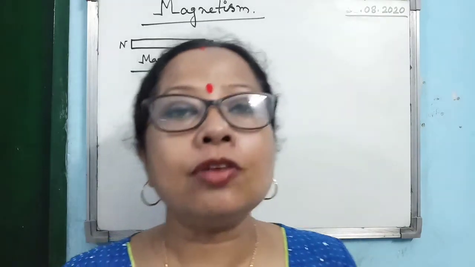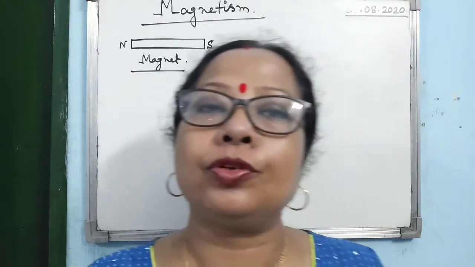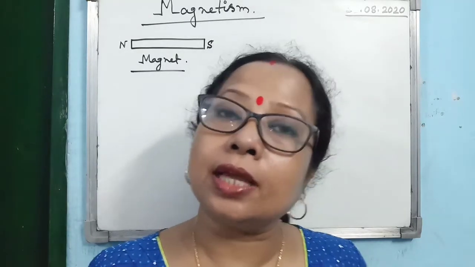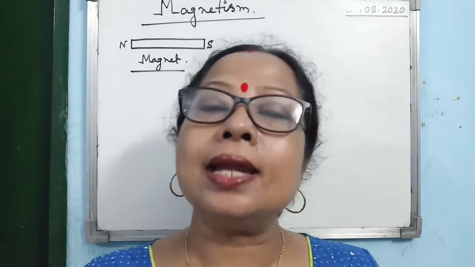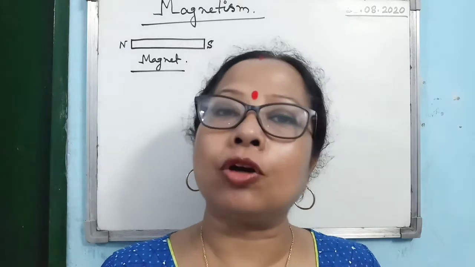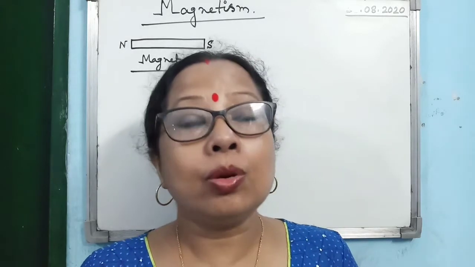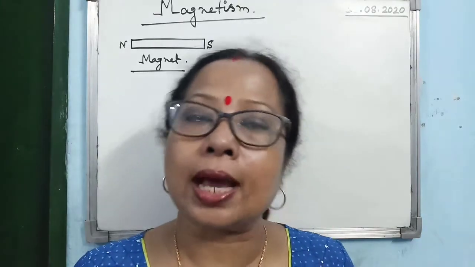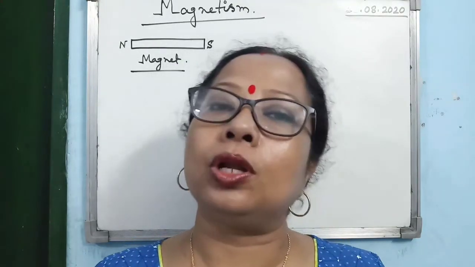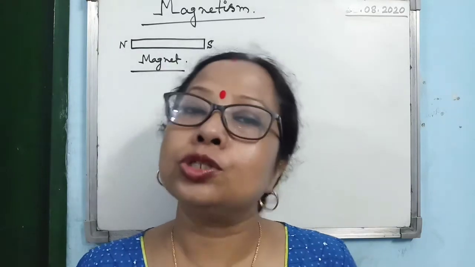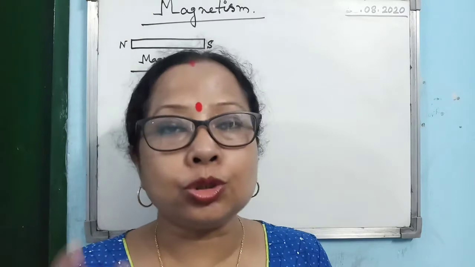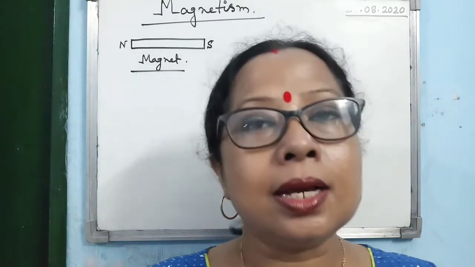The end of the magnet which sets itself towards the geographic north direction is known as the north seeking pole or north pole, and the pole of a freely suspended magnet which sets itself along the geographic south direction is known as the south seeking pole or south pole. So every magnet has two poles, north pole and south pole.